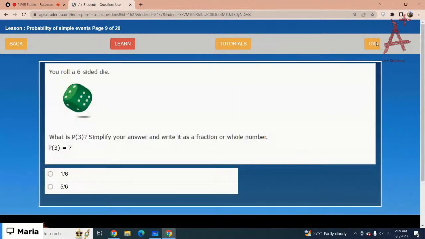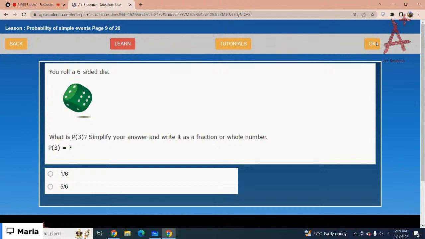Okay, you roll a six-sided die. What is the probability of getting 3? I'm sure all of you have seen the die. Got it? So a die has six faces and they are numbered 1, 2, 3, 4, 5, 6. You need to find the probability of getting 3. So it would be 1 over 6.